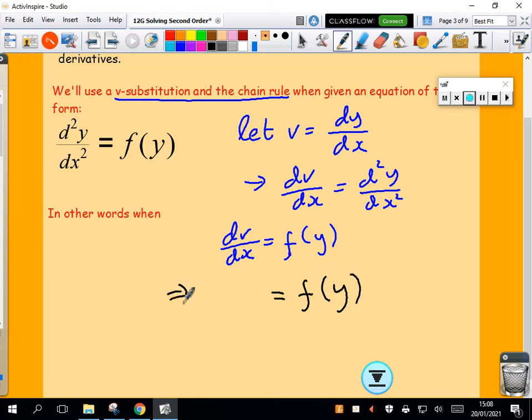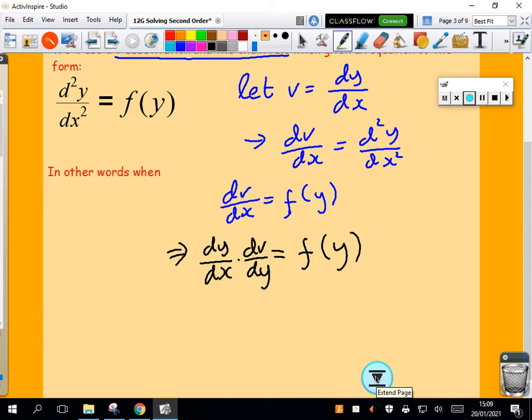I'm going to use a little kind of trick here with the chain rule. I'm going to say that dv dx is equal to dy dx times dv dy. The chain rule says that dv dx is equal to dy dx times dv dy. Or if you like, using the cancellation in fractions, the dy's would cancel to leave me with dv dx.